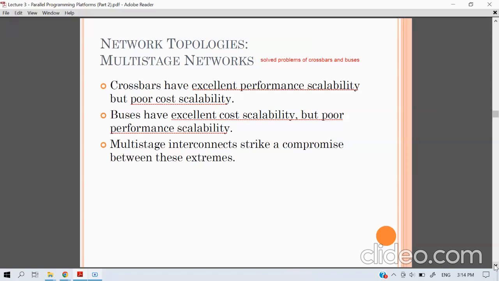And buses have excellent cost scalability, but poor performance scalability. So to improve these two weaknesses, multi-stage interconnects strike a compromise between these extremes.